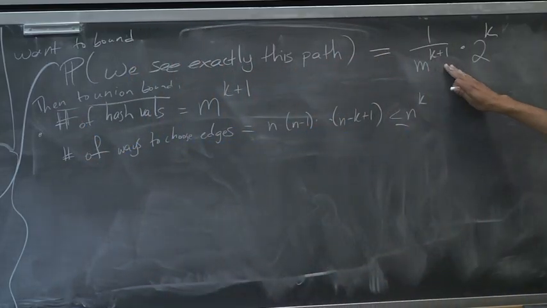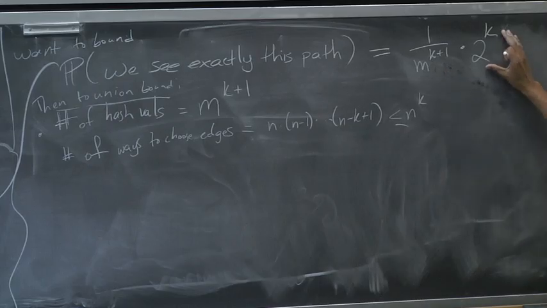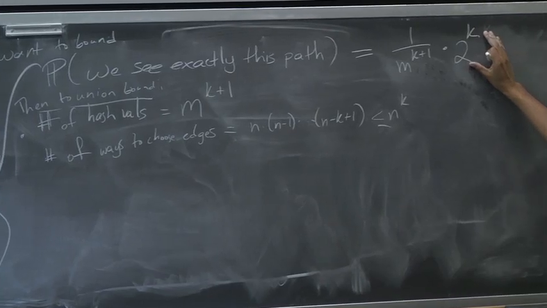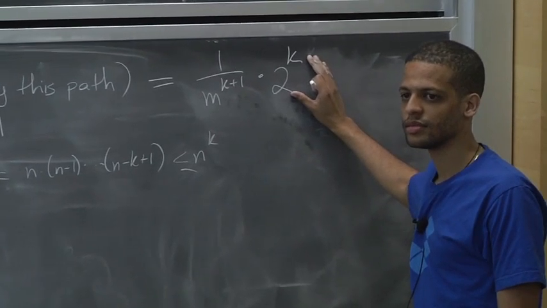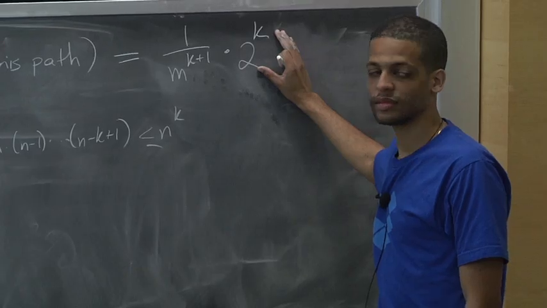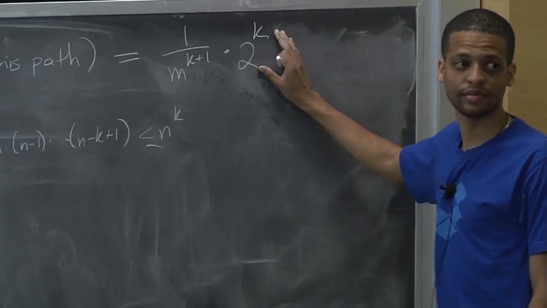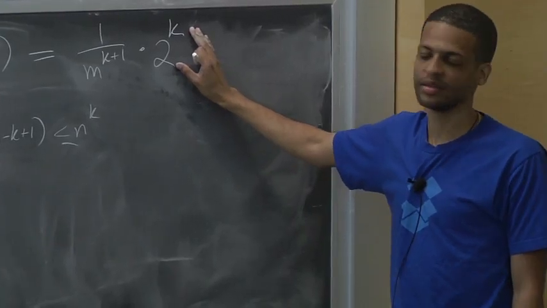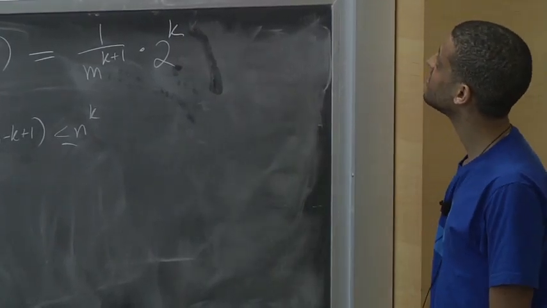So, just out of curiosity, do people see why I said this? First of all, do people see why I said there's this 2 to the k here? Yeah. Yeah, exactly.